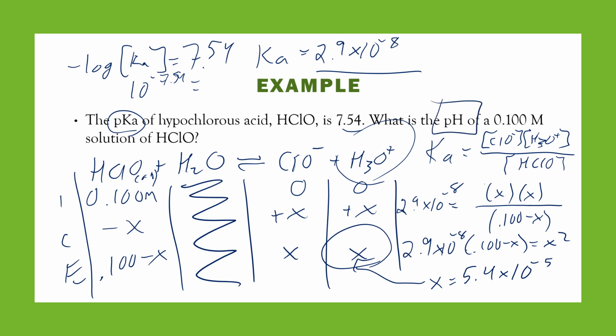So to get from X to pH, we just take the negative log of 5.4 times 10 to the negative 5, and you'll get that the pH is equal to 4.27. Definitely acidic still, which makes sense because it's a weak acid. So yeah, there you go.